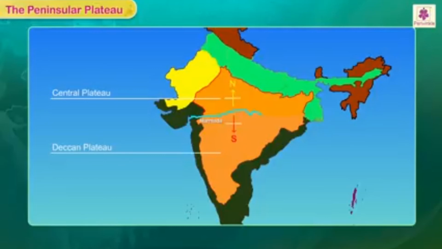Mahanadi, Godavari, Krishna and Kaveri are eastward flowing rivers in the Deccan. These are seasonal rivers. These rivers have made large deltas in the broad eastern coast. And Tapti River is an important westward flowing river that flows across a rift valley.